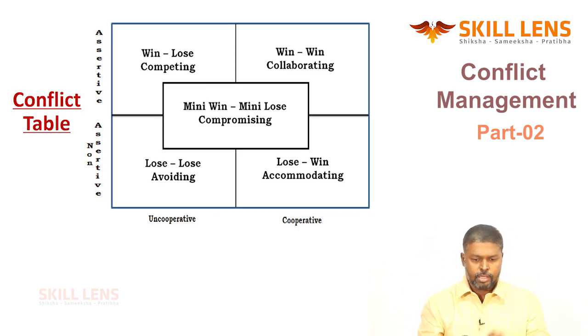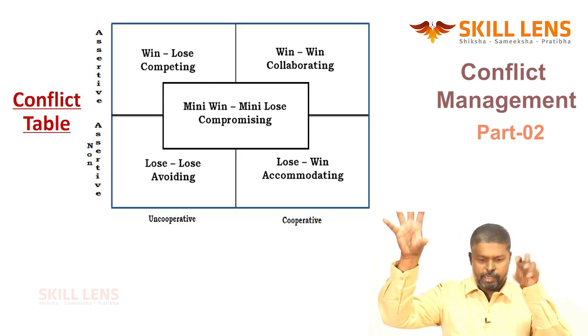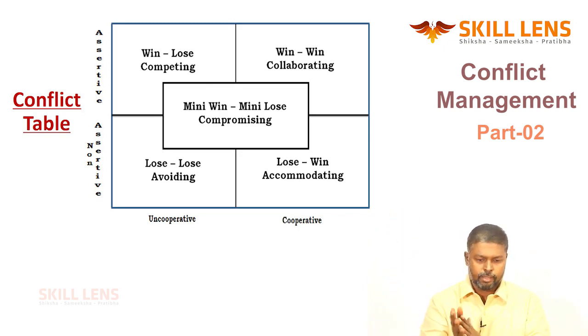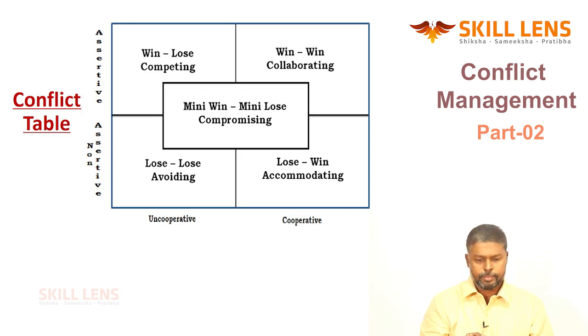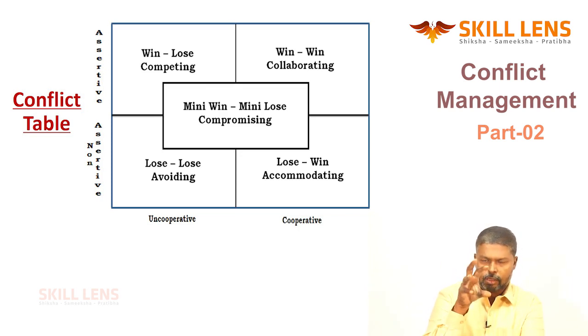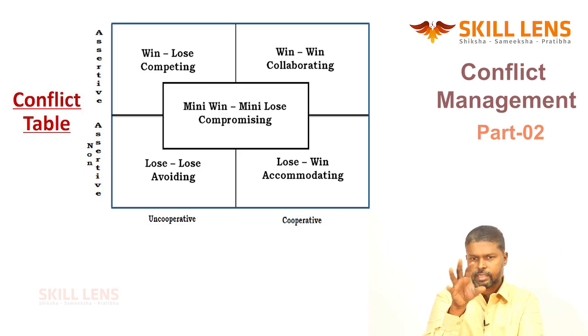That is competing, collaborating, avoiding, and accommodating. On the left side, you will see the assertiveness and the non-assertiveness. On the right side, you'll see the uncooperative and the cooperative. Now, this table is meant to help you clearly understand what the conflict table is and all that we spoke about regarding conflict management.